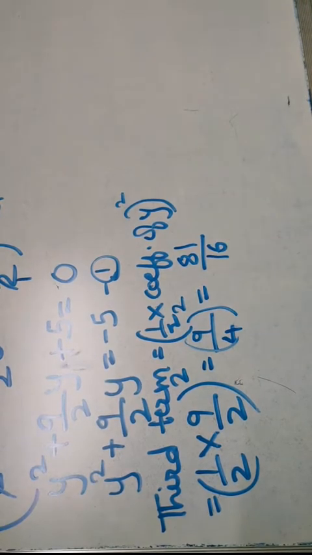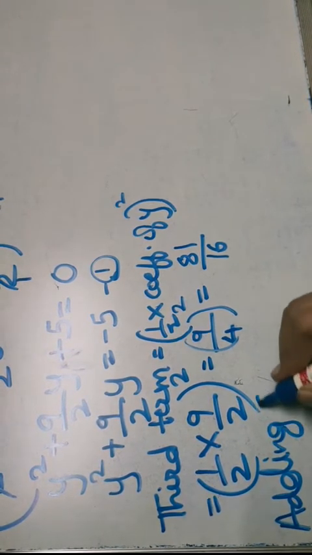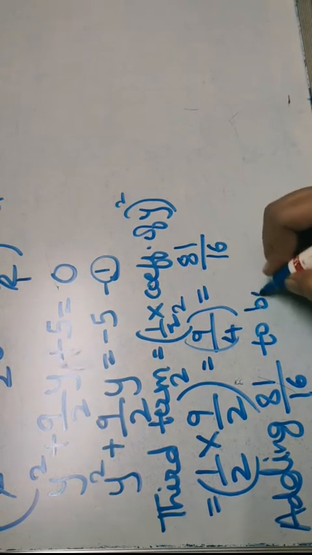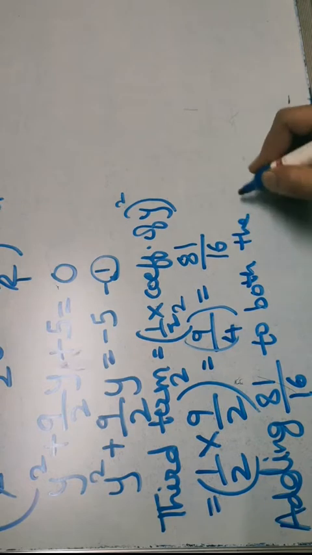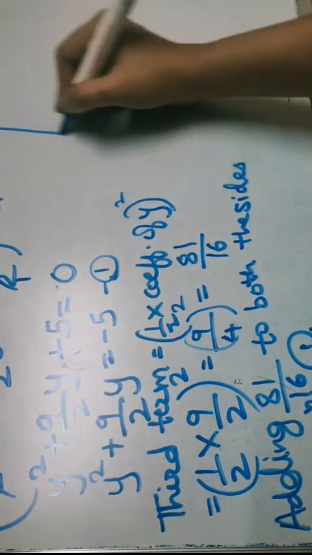Right? Now that means we have to add 81 upon 16 to both the sides in equation 1. Right? So I'll copy the equation 1 over here.